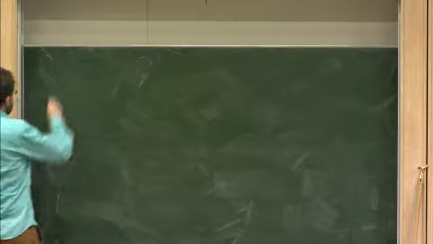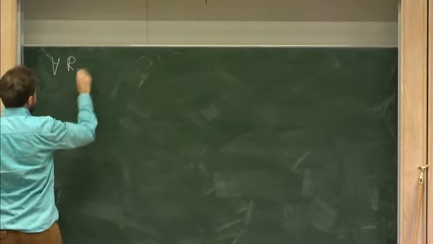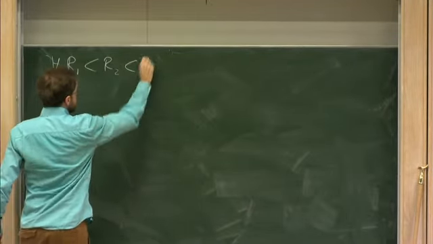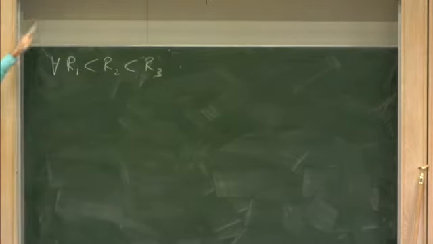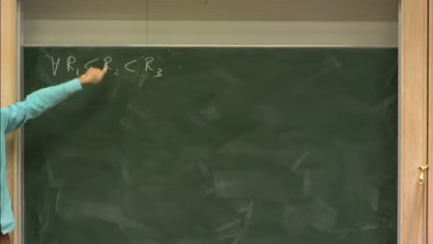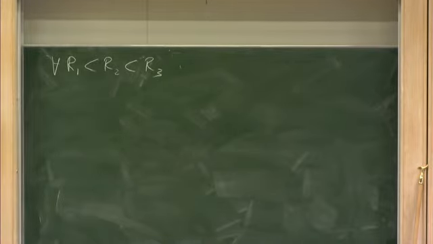The first statement is that whenever you have R1 less than R2 less than R3, you can look at the annulus between R1 and R2 and the annulus between R2 and R3, and they are disjoint. So the percolation in these annuli is completely independent.